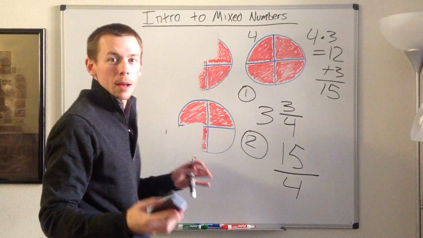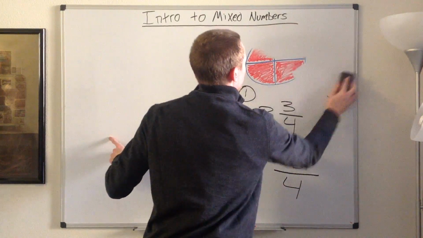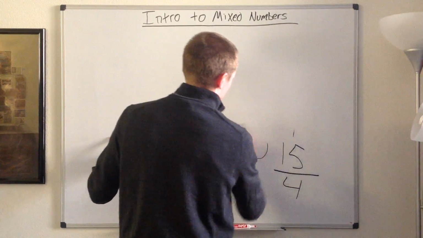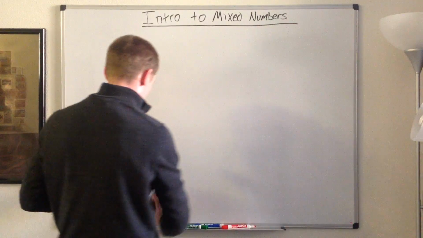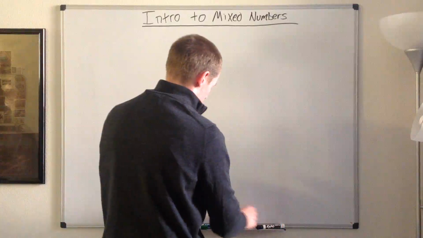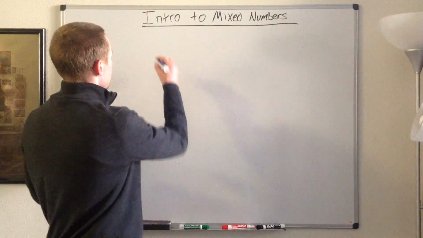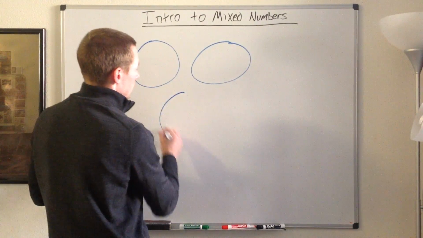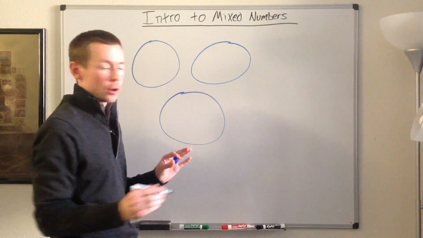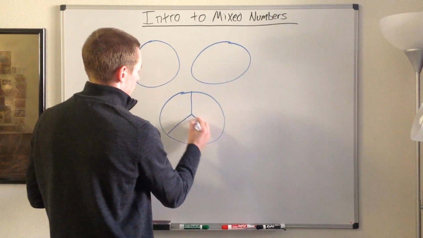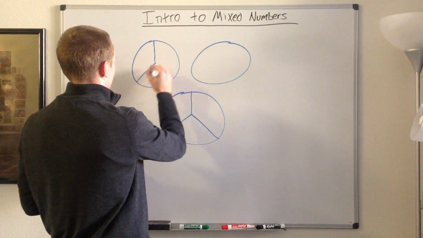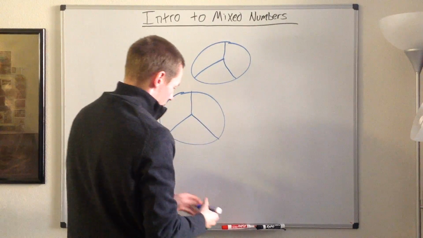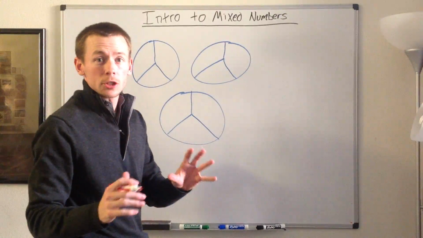It's going to take me a couple seconds to erase all this. Okay, so let's draw a couple more circles here and then one down here. And this time I'm going to make them into thirds. And then I'm going to draw a certain amount of the thirds.